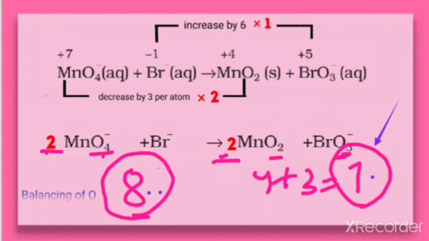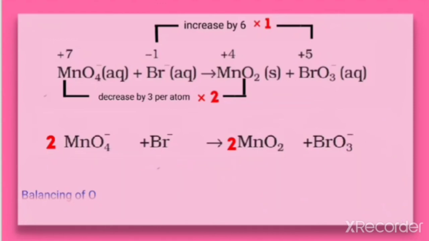So there is a deficiency of 1 here. So in the basic medium, that much number of OH negative should be added as the number of oxygen deficiency. That is, here we have to add 1 OH negative.